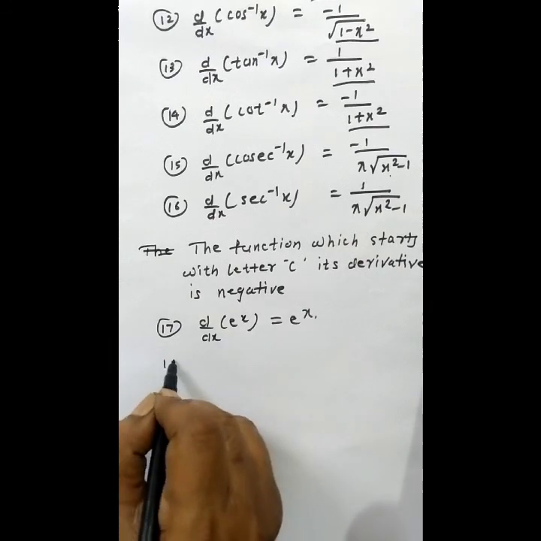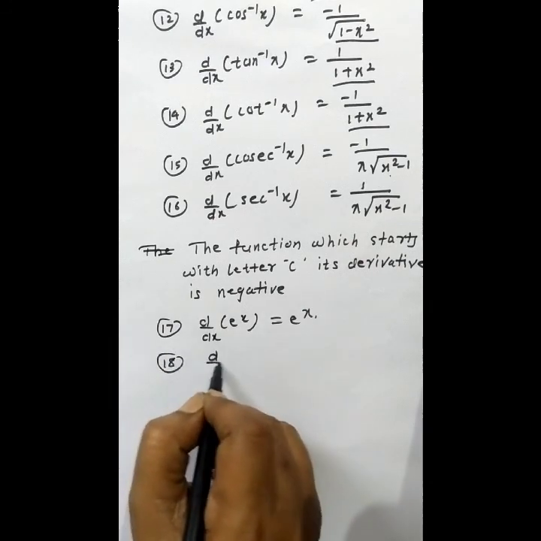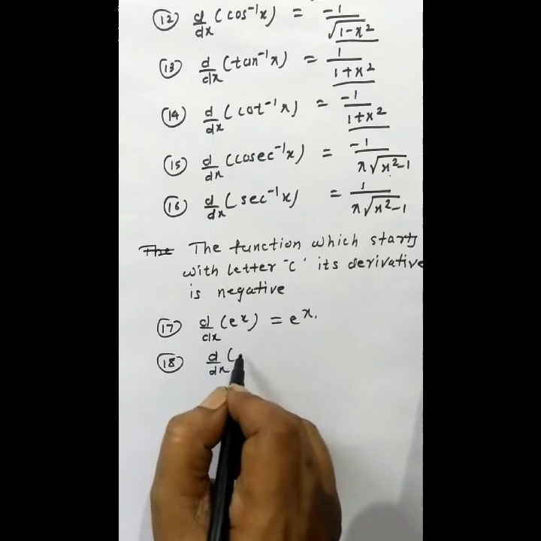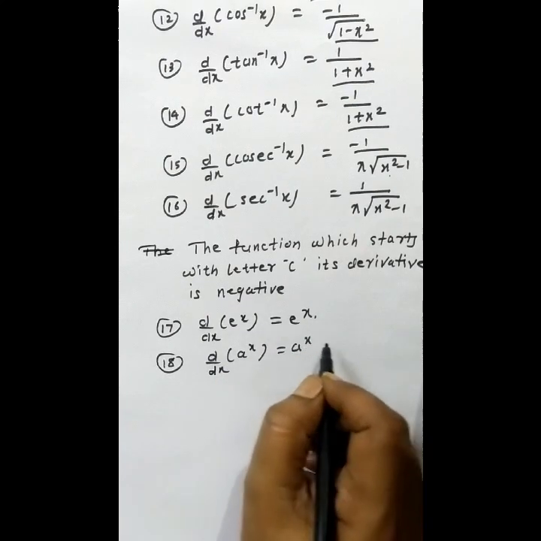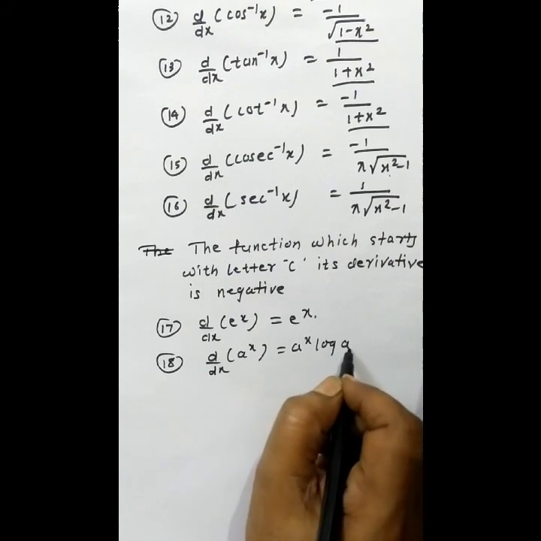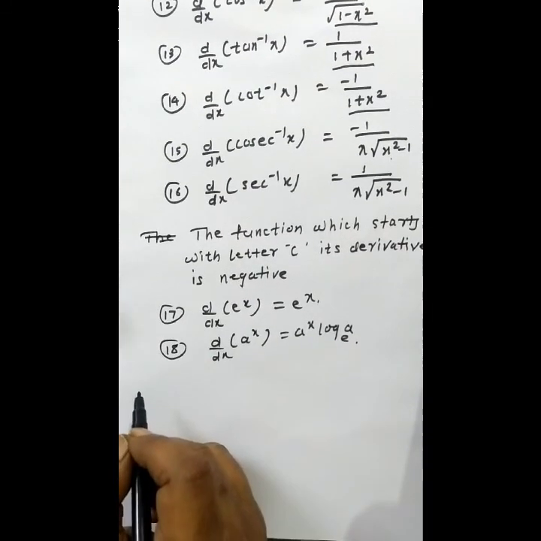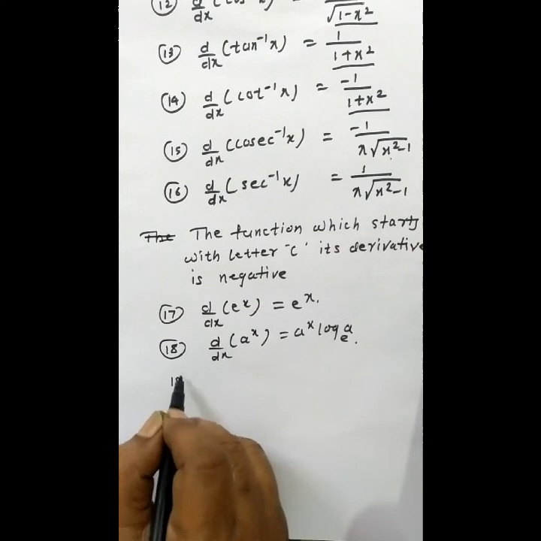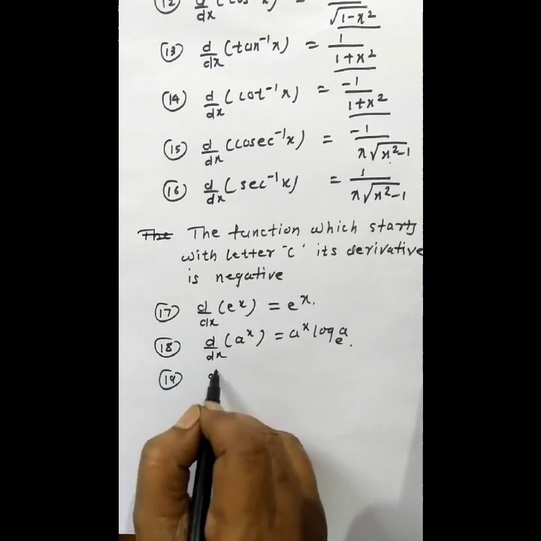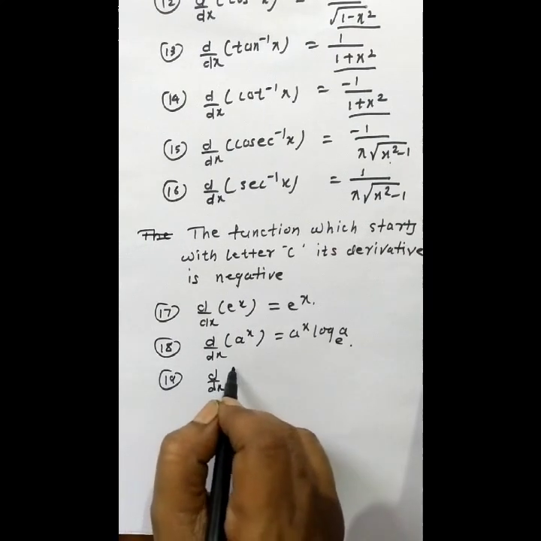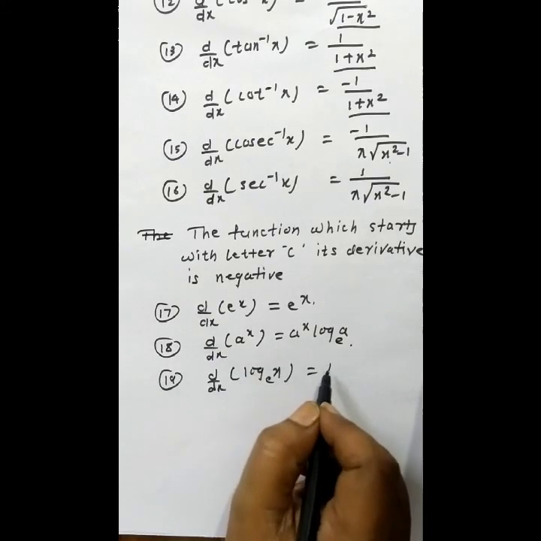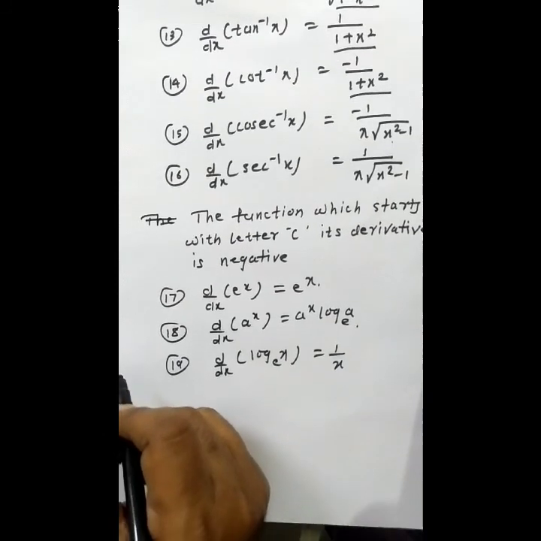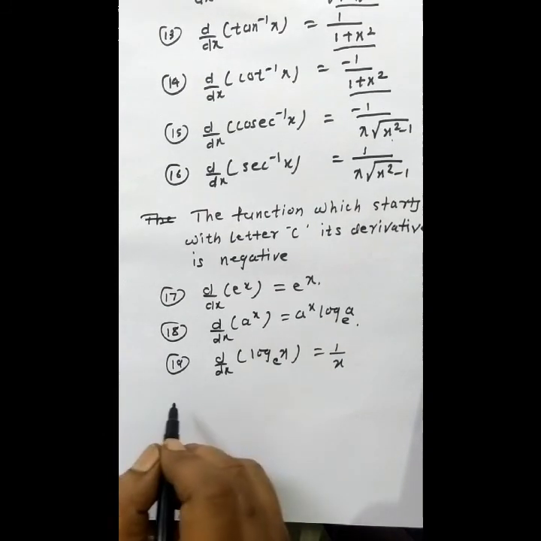Next is d by dx of a raised to x, which is a raised to x into log of a to the base e. Then we come to the log function: d by dx of log x to the base e is 1 upon x.